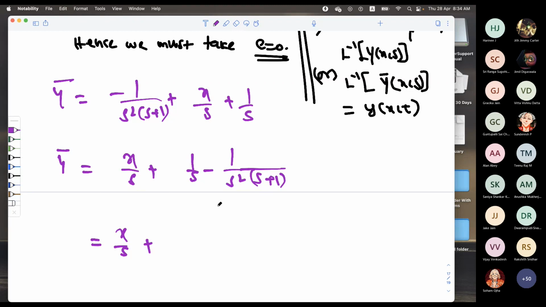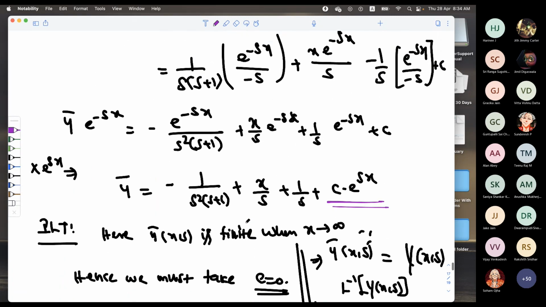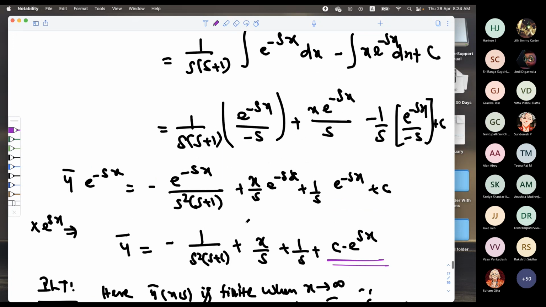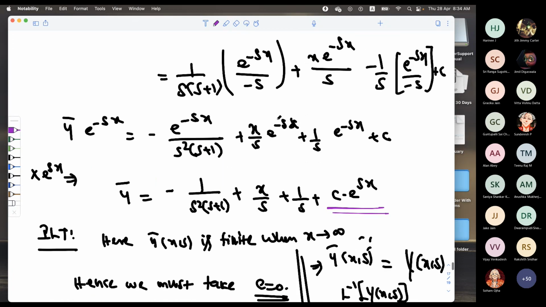Just consider, suppose I take 1 by s square as common. And I missed one s, I think that's a mistake, I am stuck in the problem.